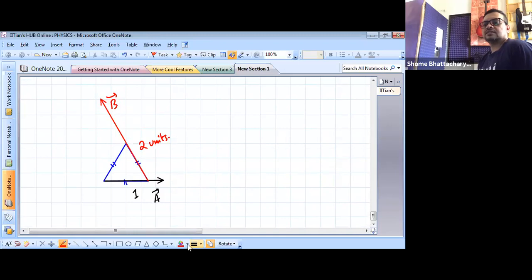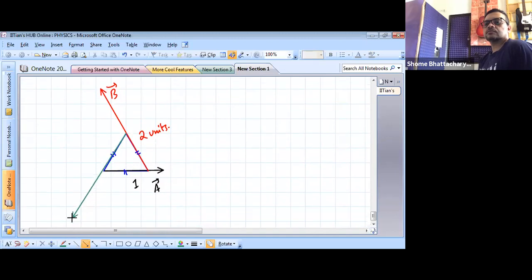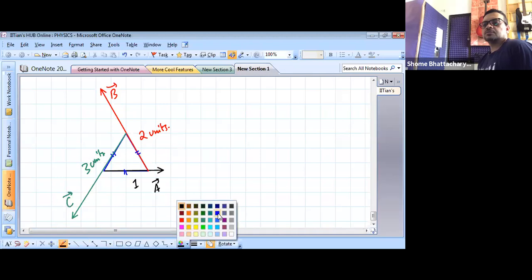And comparatively vector C is lying along the third consecutive side like this, and its magnitude is 3 units. So what it's telling you is that the relationship between the vectors in terms of angles is like this. This angle must be 120 degrees. This angle must be 120 degrees. And this angle must be 120 degrees.